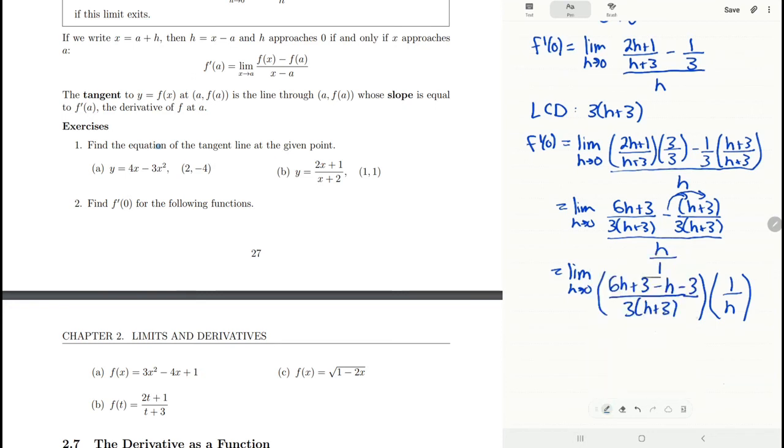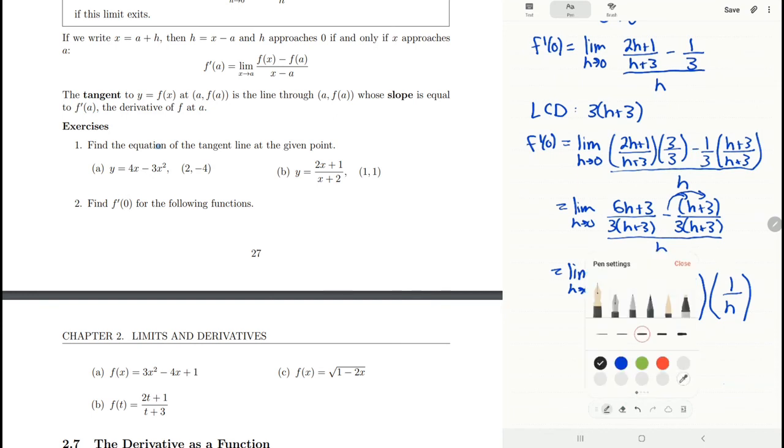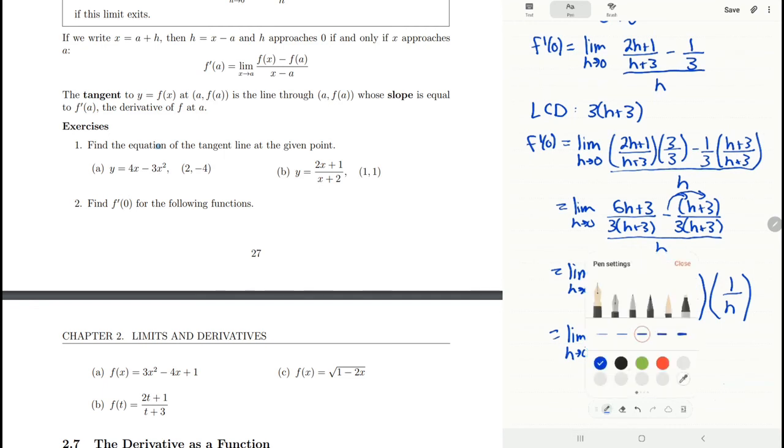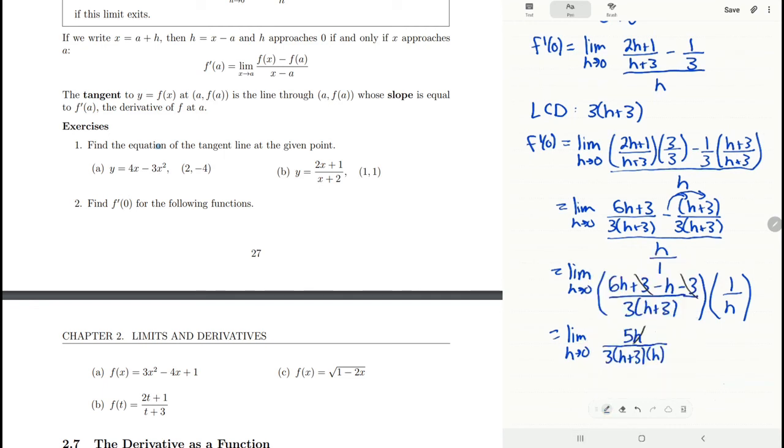So now let's simplify. We have positive 3 and negative 3. So we have the limit as h goes to 0 of 5h divided by 3 times h plus 3 times h. We can now cancel a common factor of h.